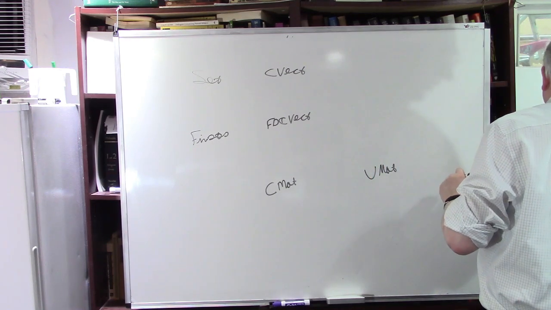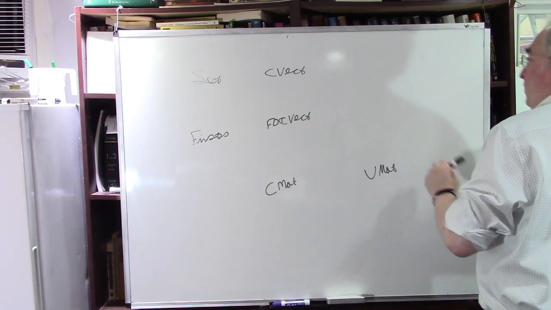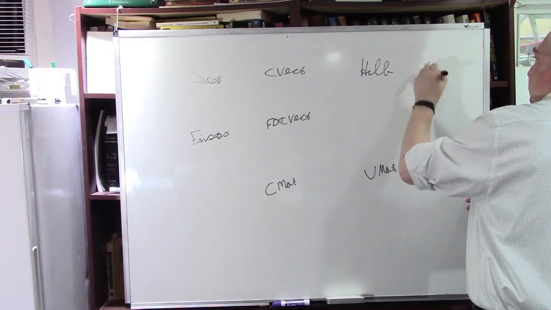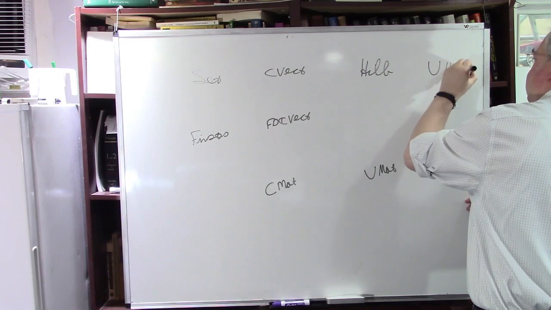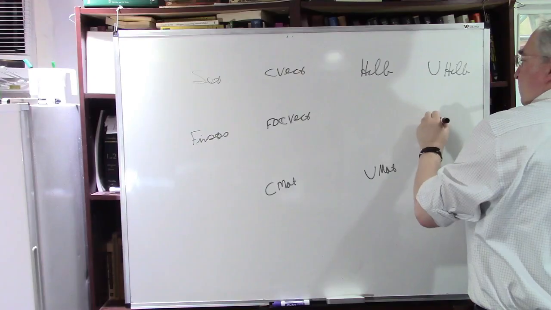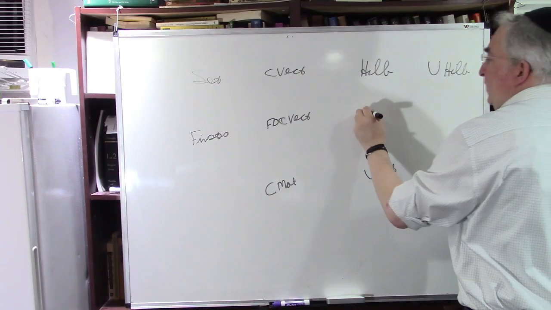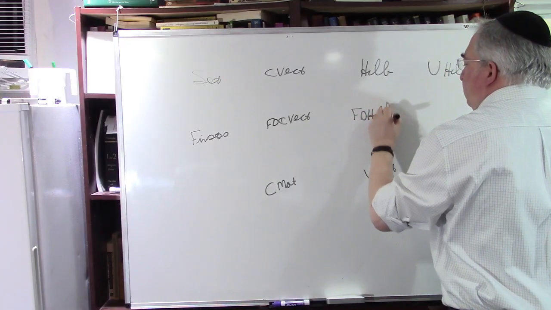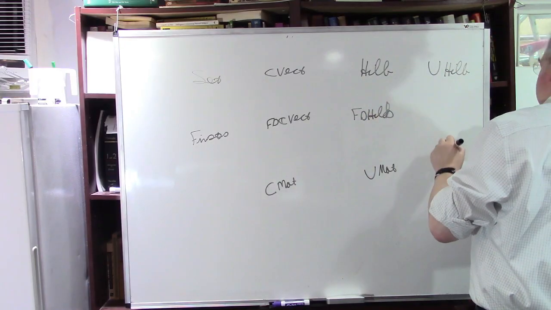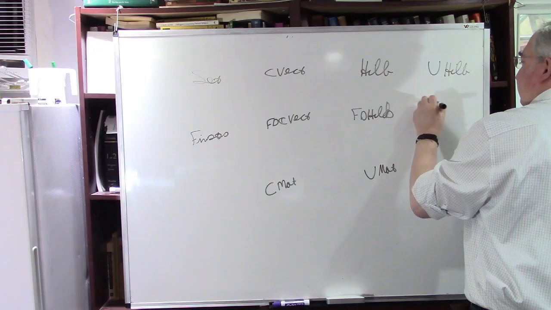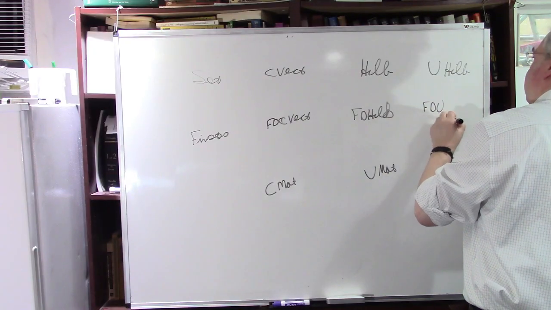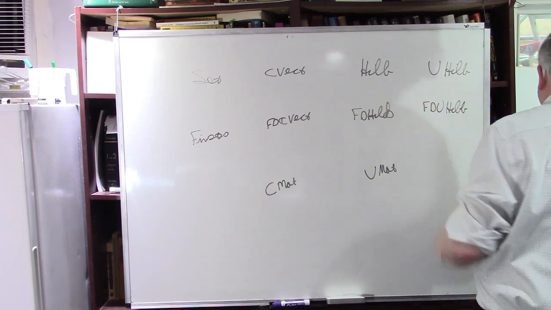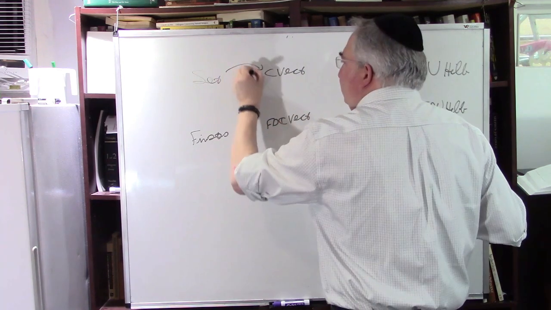Let's just finish this off. We have Hilbert spaces here, and U-Hilbert spaces here, and finite dimensional Hilbert spaces, and finite dimensional unitary Hilbert spaces. Okay, and lots of maps.